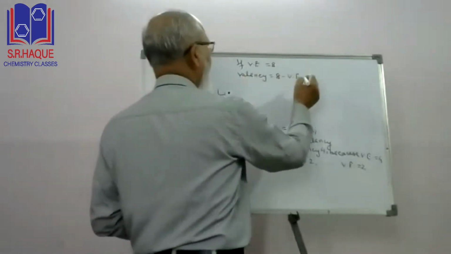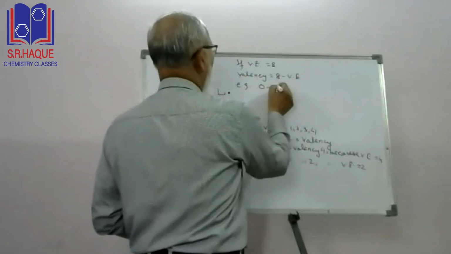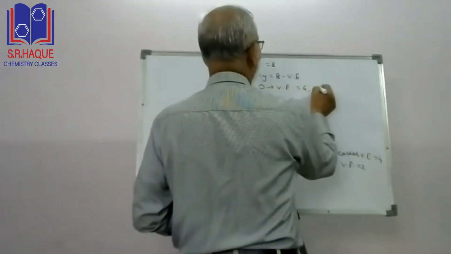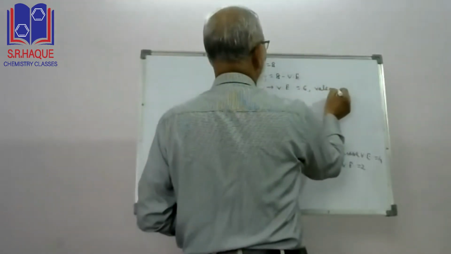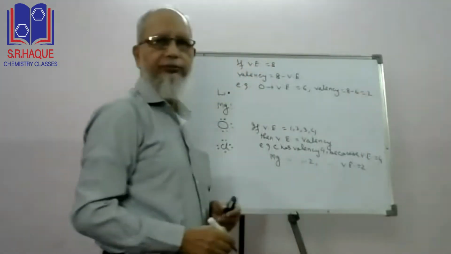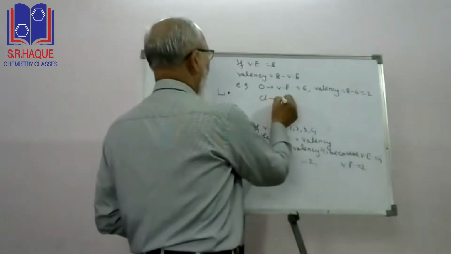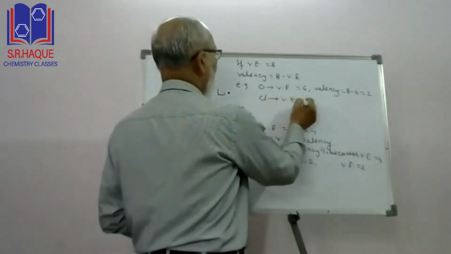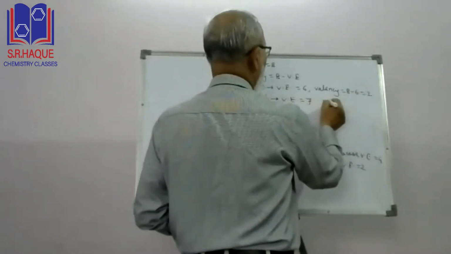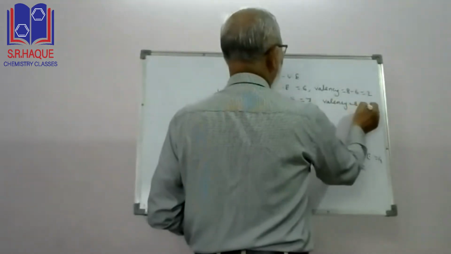For example, oxygen has valence electrons 6, so valency is equal to 8 minus 6, which is 2. Likewise, chlorine has valence electrons 7, therefore valency is equal to 8 minus 7, which is 1.